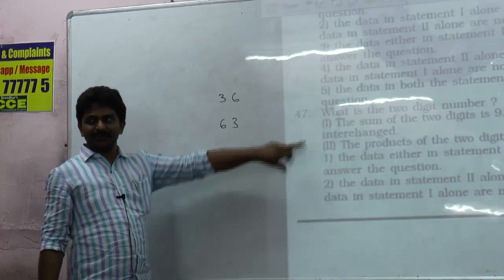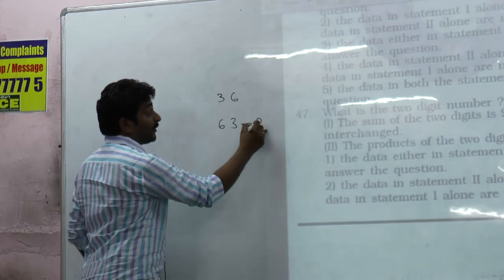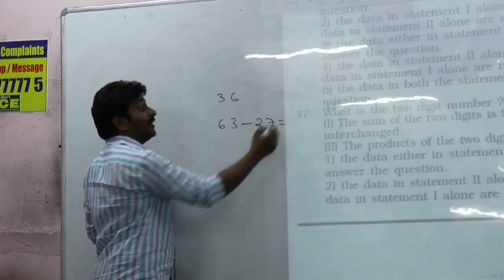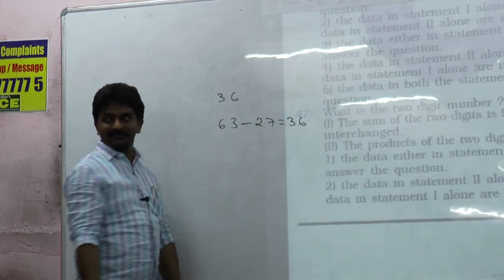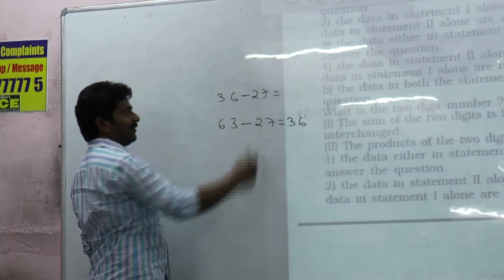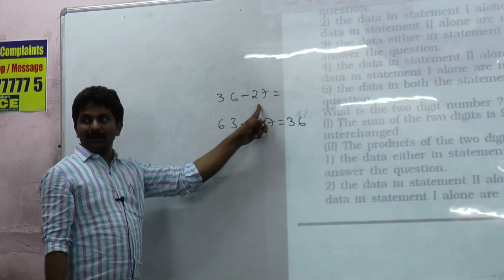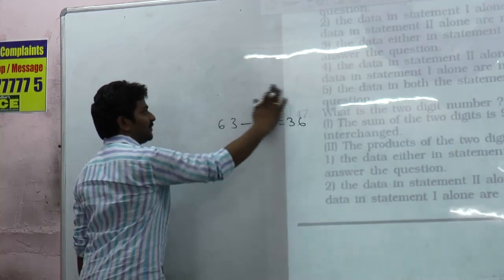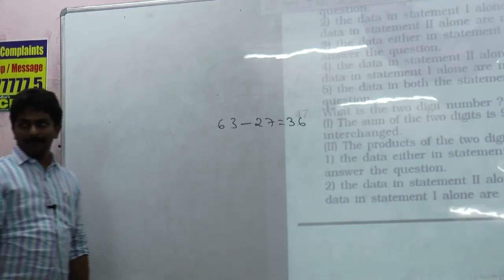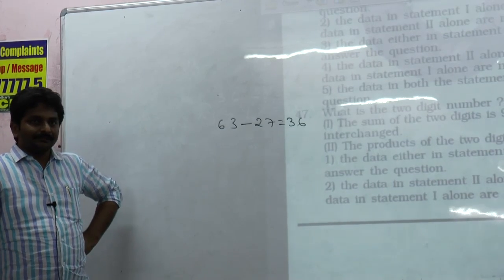Will you get the answer from the first one? Yes. If you subtract 27 from this, then you will get 36. But if you subtract 27 from the other number, you will get 09. So this is not possible. So using the first statement itself, you can get your answer.